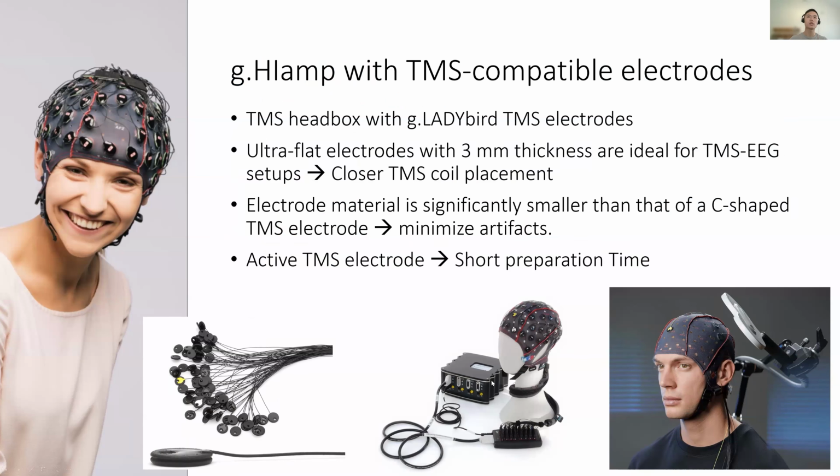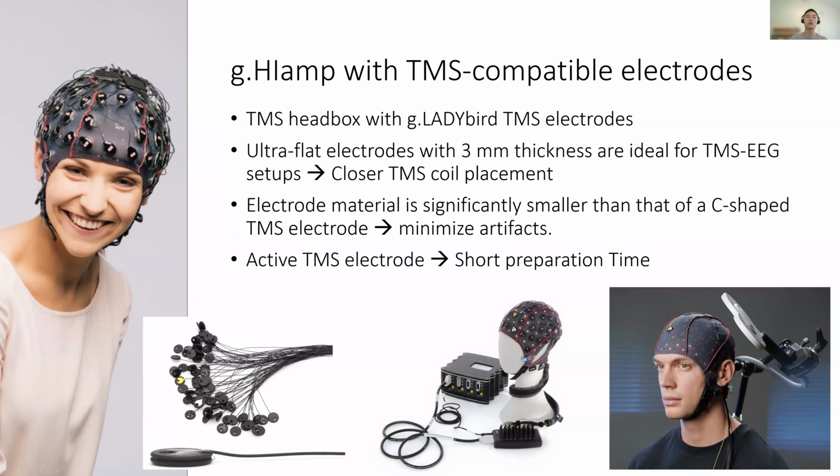What's good with this device is we have a dedicated hat box for TMS system. It filters out or counters the artifact produced by the TMS system. And we have dedicated electrodes, which are 3 mm thick.